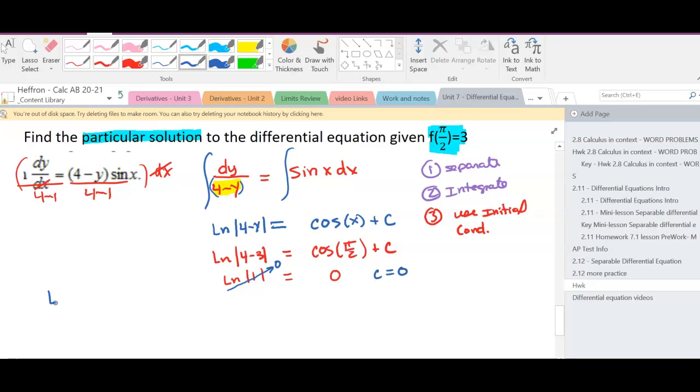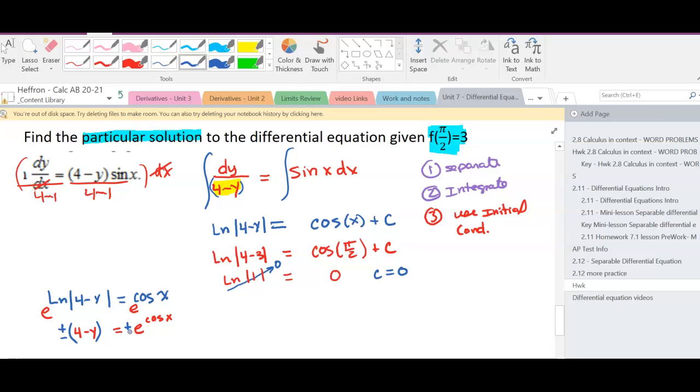So I can rewrite what we have, ln of 4 minus y in absolute value equals just cosine of x plus nothing. To undo this ln, I'll exponentiate both sides and get the absolute value of 4 minus y equals e to the cosine of x. I'll go ahead and break that absolute value into plus and minus.